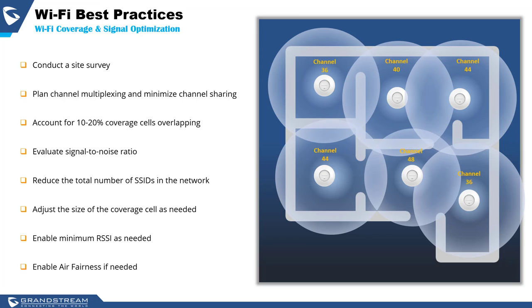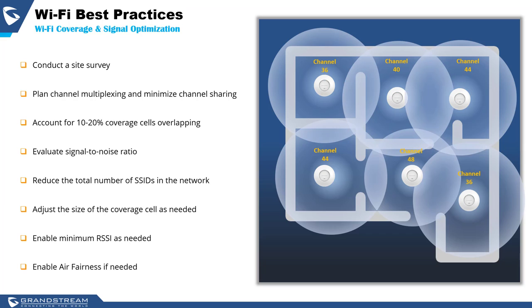Despite the fact that GWN access points support the option to dynamically assign channels, it is strongly recommended to manually assign non-overlapping channels to adjacent access points. You can use the same channel multiple times as long as their coverage cells are not overlapping.